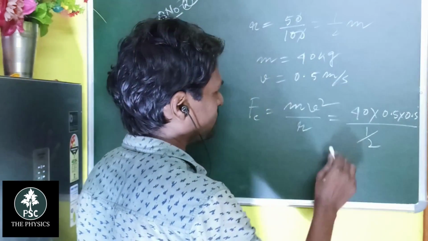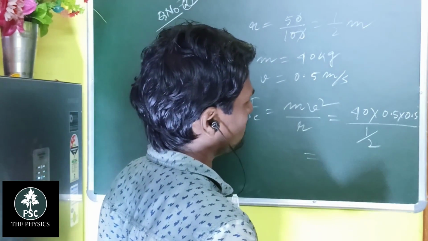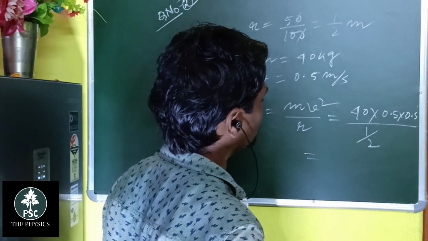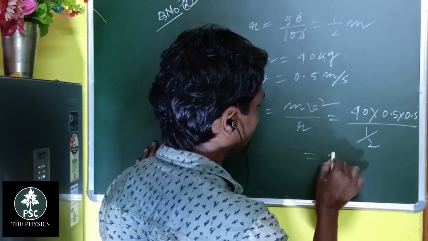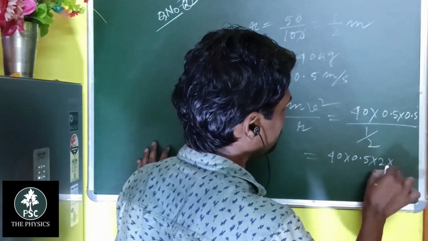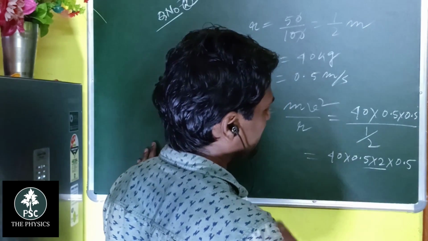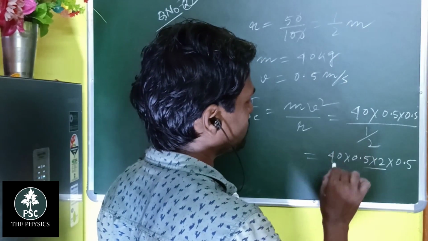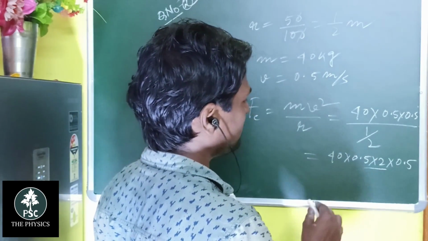So half, when 2 is taken into account, then it goes into the numerator. So this is 40 into 0.5 into 2 into 0.5. Okay, so 5 tens, and this one is cancelled. So this is 1, and if 0 is cancelled, then 20.